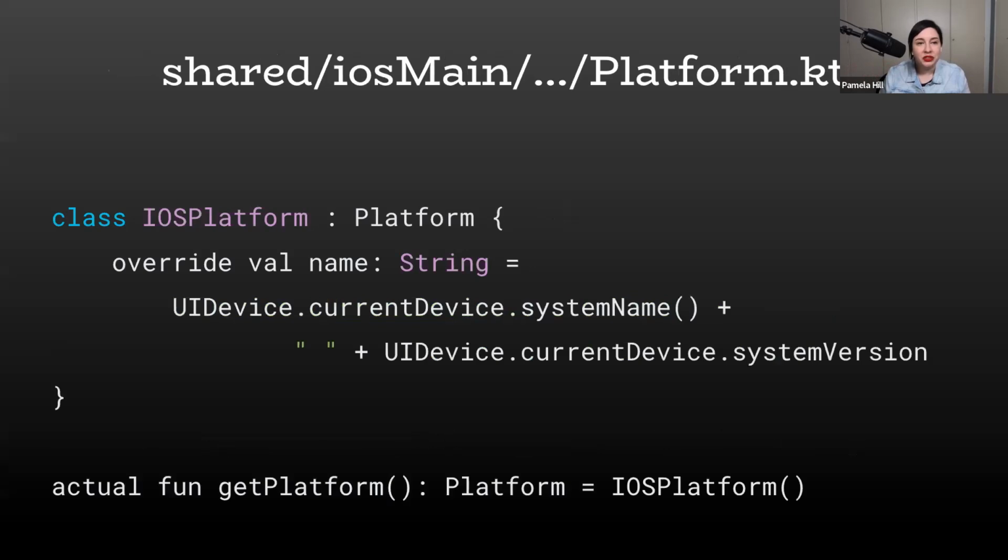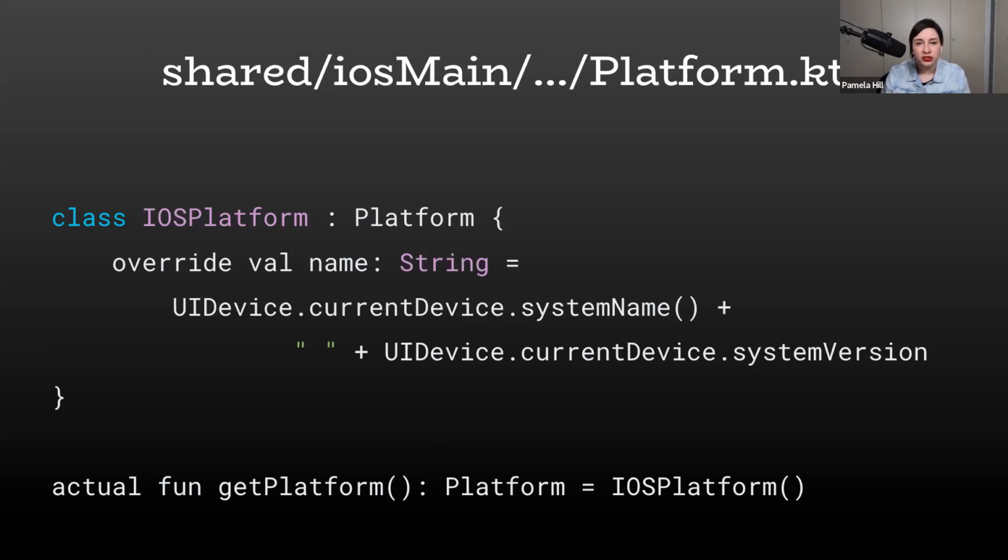Let's have a look at iOSMain next. So here we are, and we're looking at the platform file. This is very similar in idea to what we had in androidMain, where in iOSMain, we're defining an iOS platform class that implements platform, the platform interface, and we override the name property.